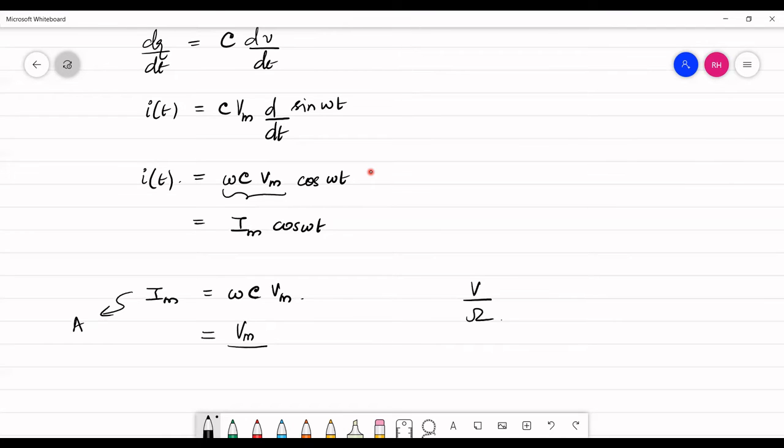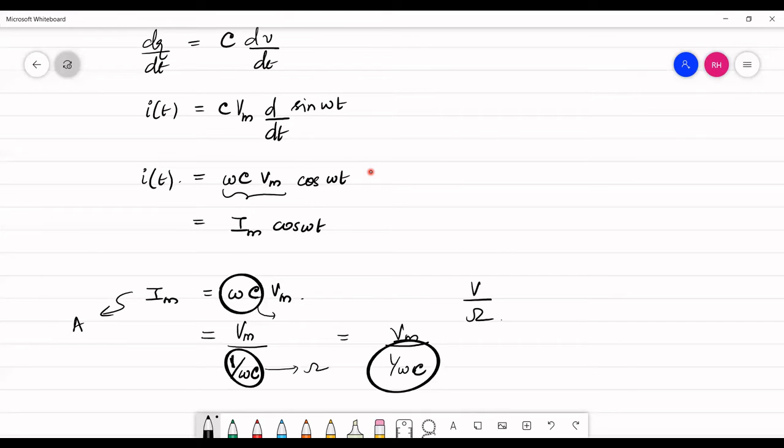There should be some parameter whose unit is ohm. And hence, let us bring this term to the denominator and it becomes 1 divided by omega C, and Vm divided by 1 by omega C. This 1 by omega C is written as Xc. That is, Xc is equal to 1 by omega C.